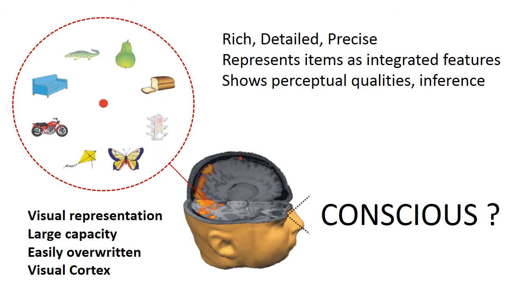So what does this say about conscious vision? One could still argue, of course, that such a rich, detailed, and perceptual representation of many objects is nice, but given that you cannot attend to all this richness, it is therefore not conscious.